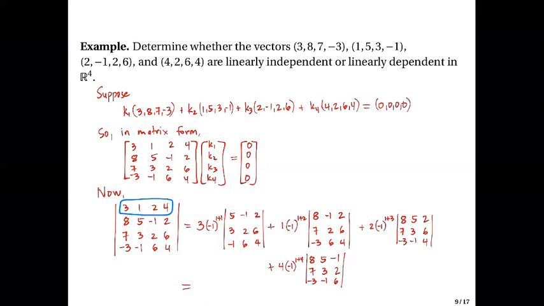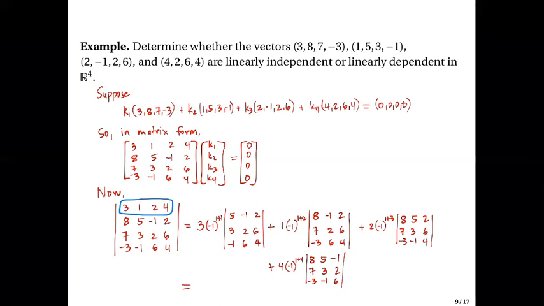So let us see: 3, 1, 2, 4; 8, 5, negative 1, 2; 7, 3, 2, 6; negative 3, negative 1, 6, 4.